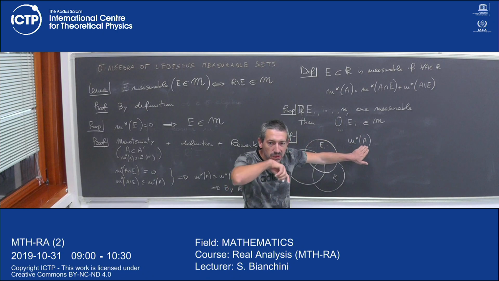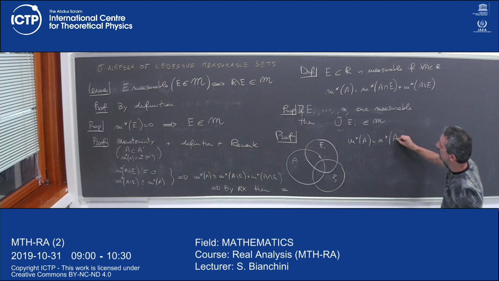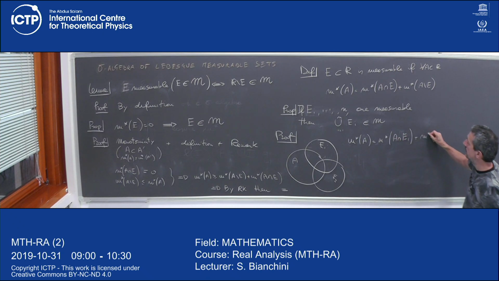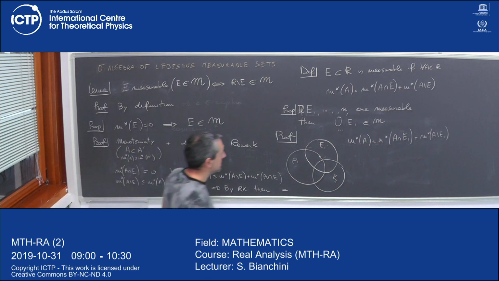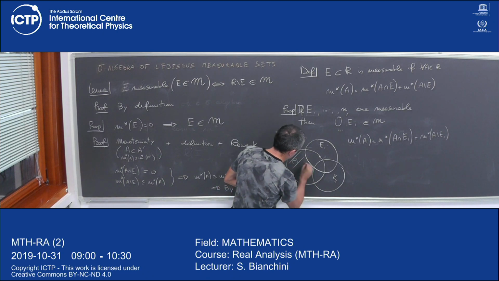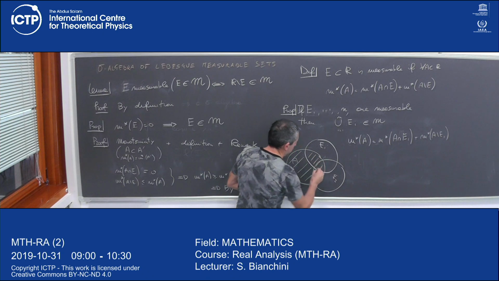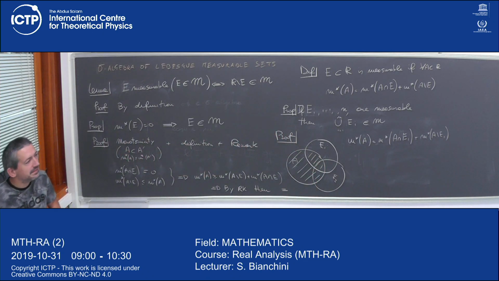Equal to M star of, okay, let's cover the two parts. So the M star of A is the M star of this plus M star of this. Next step.